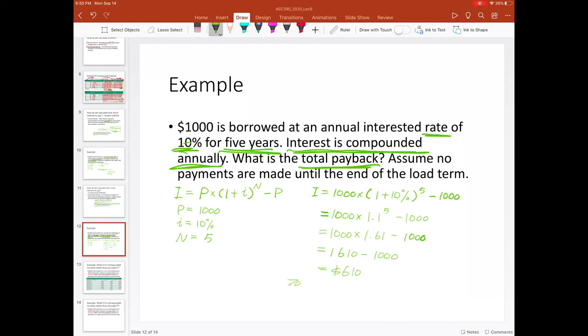And what is the total payback? What is the total amount you owe at the end of the 5 years? We said it's P plus the total interest, right? So P is 1,000, and the total interest is 610. So the total amount you owe at the end of the 5th year is 1,610. Now let's go back to check these two numbers in the table.